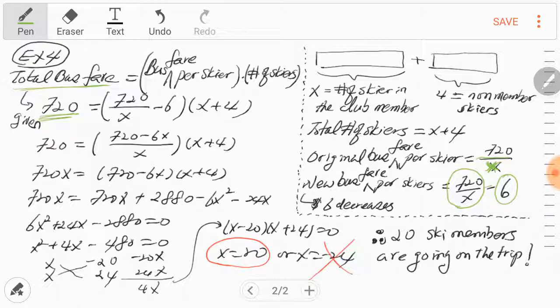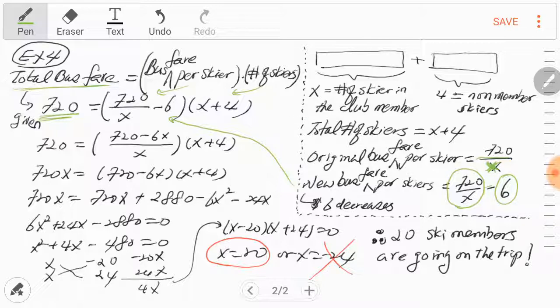So the number of skiers is X plus 4. And the bus fare per skier is this one. The bus fare per skier is what? $6 decreased from what? 720 divided by X. Okay, so from this equation, now we can solve for X, and this X is the number of skiers in the club.